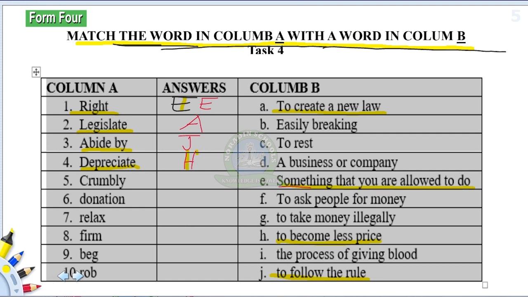What about the word crumbling? Have you ever seen the word crumbling? It means easily breaking. Crumbling, easily breaking. Okay, B. So the answer is B.